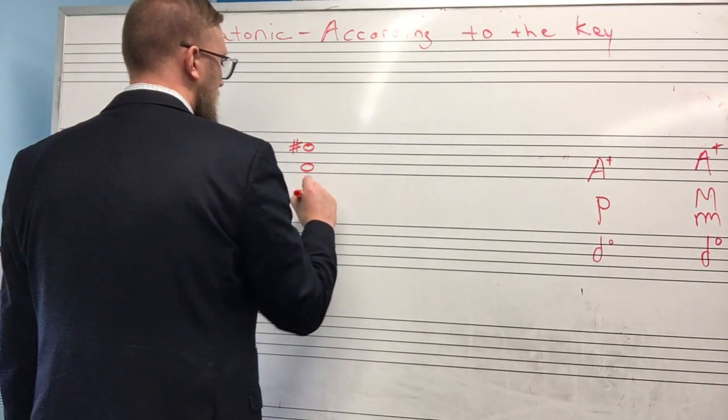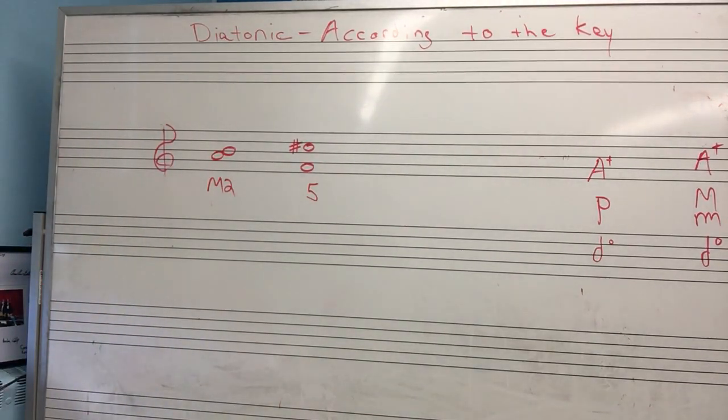Excellent. Nick, what is the key signature of that bottom note? It's a natural. Is it a what? So there would only be one flat. There would be one flat, and it would be what?